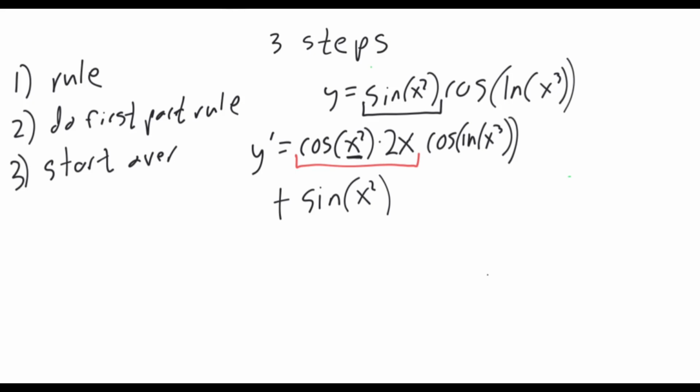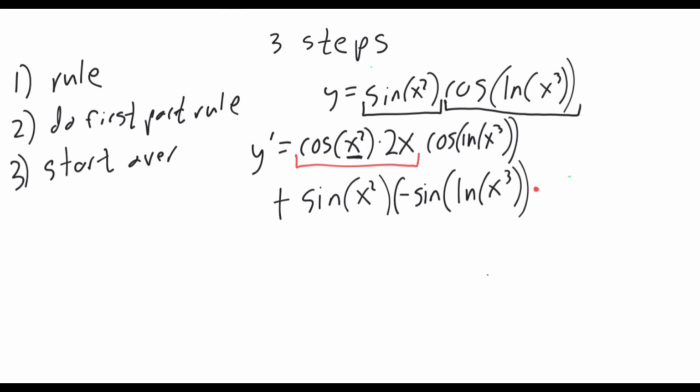Well, I start over. What rule do we have? Just for cosine, the derivative of cosine is negative sine. So I'll take negative sine of the ln of x cubed. And then by the chain rule, I need to multiply by the derivative of the inside.